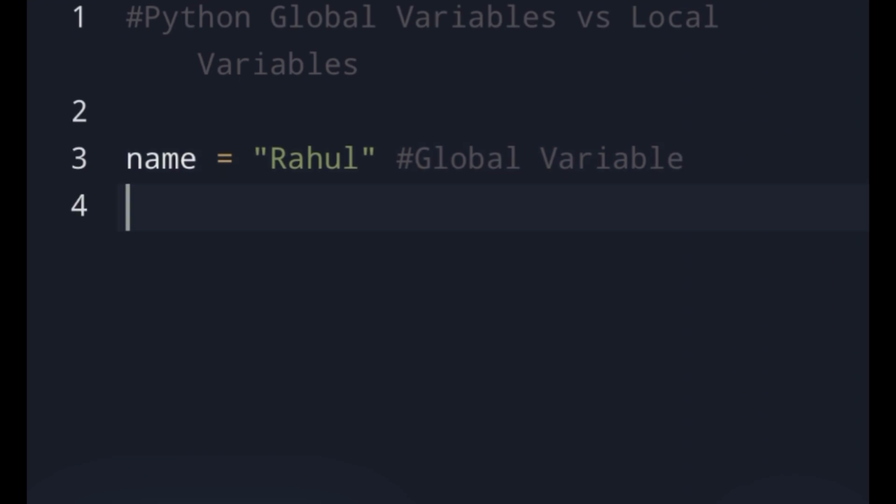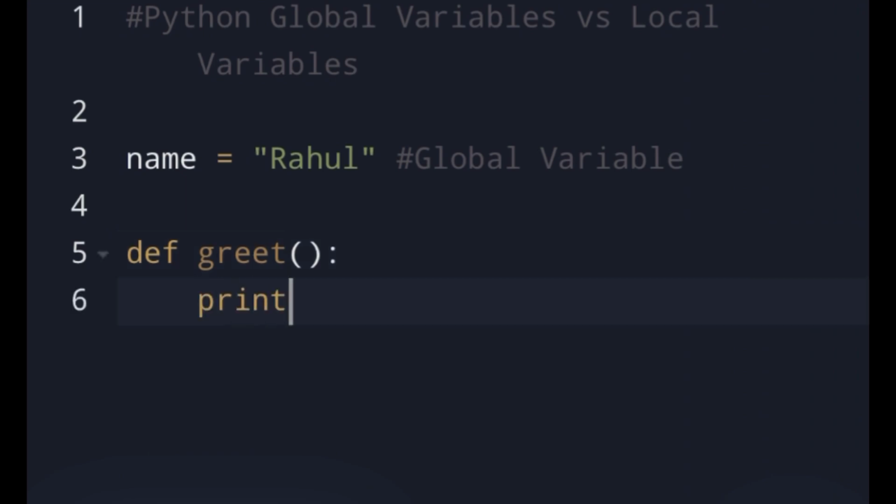I will write one function, def greet. Print hello, comma, name.